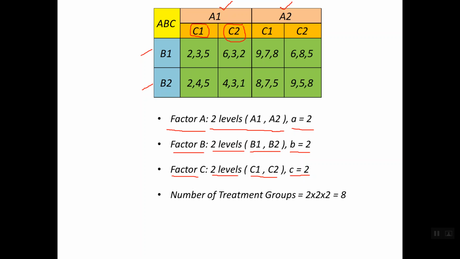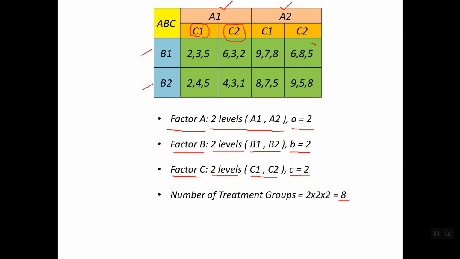For the number of treatment groups, or number of combinations, we have 8 groups, or simply we can multiply the levels of factor A by the levels of factor B by the levels of factor C, and we get the number of groups, which is 8.